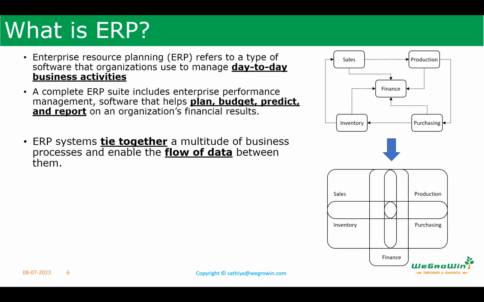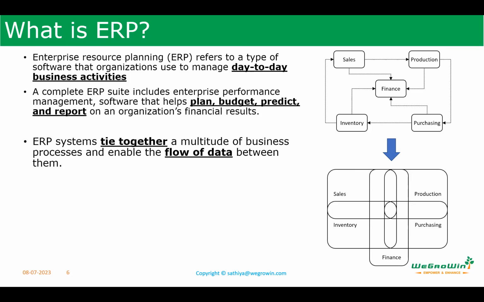ERP system is a combined one, right? It is not the individual silo of departments, but ERP is making everything as a combined one. And it should be able to facilitate proper flow of data among all the functions.